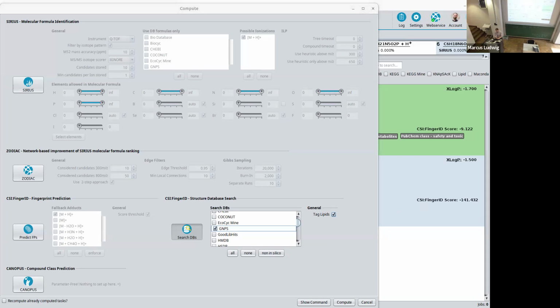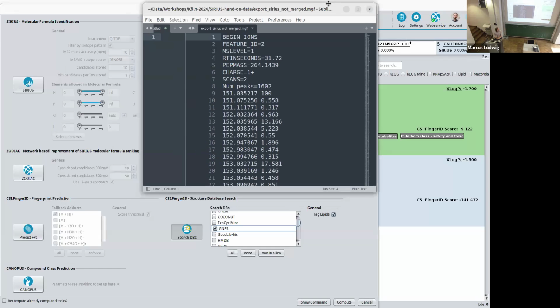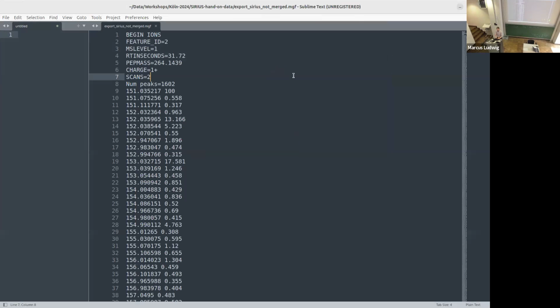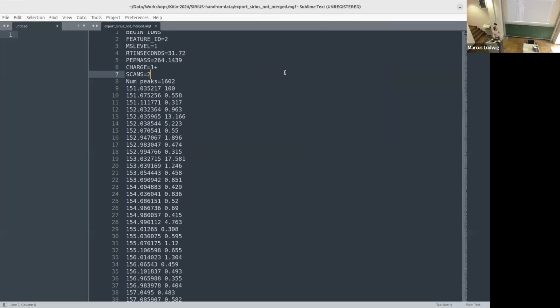Maybe one thing I missed, I have it on my hands-on slides, but because of the back and forth, I just missed it. One important point before you ever start analyzing your data and you got an input file: it's always good to have a look at your input file. I just want to remind you that the data you put into Sirius are just text files, so an MGF file you get from MZmine is just a text file that you can open with an editor.